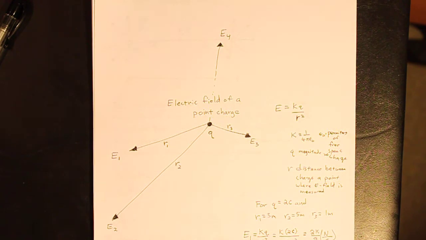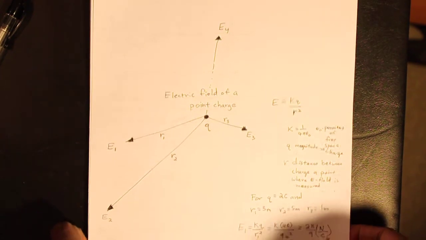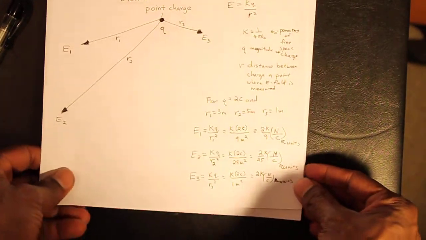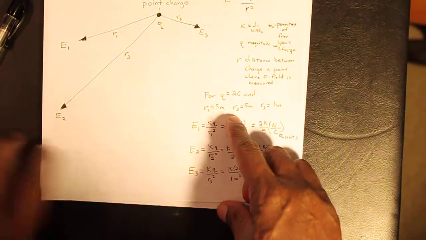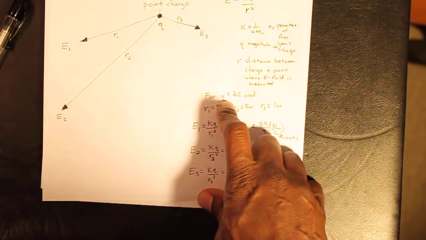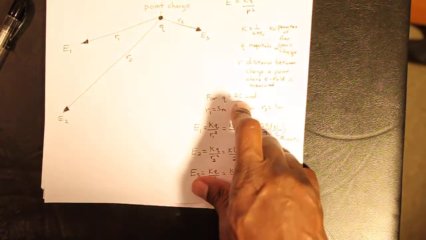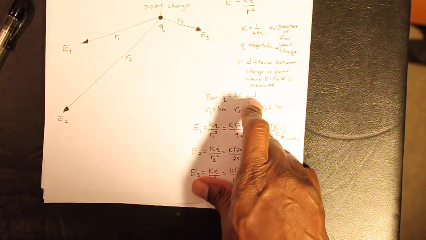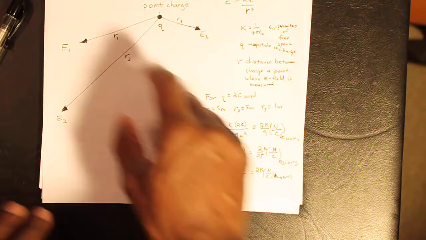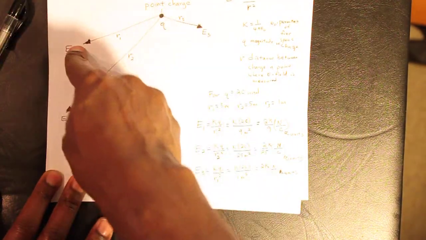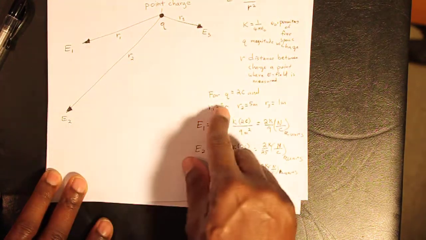So let's talk about some numbers. Okay, to make it a little bit more concrete, say the charge is 2 coulombs, okay? And r1 equals 3 meters. The distance from the charge to the point where we want to measure the electric field is 3 meters.